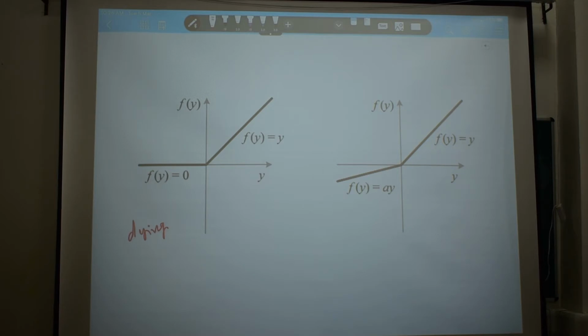ReLU is good when we talk about the vanishing gradient. It is seen as a solution for vanishing gradient as well. We will see why. But it is dying because in this area again it is saturating, when the input to your ReLU is negative. Now you have a ReLU unit and it got a negative value.